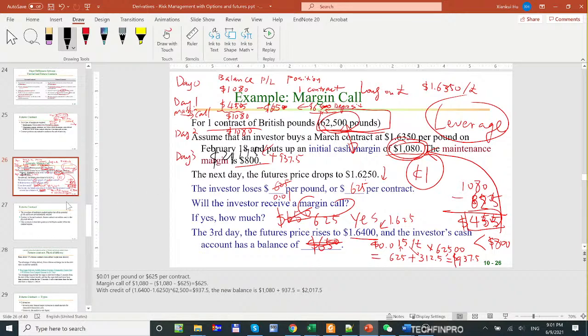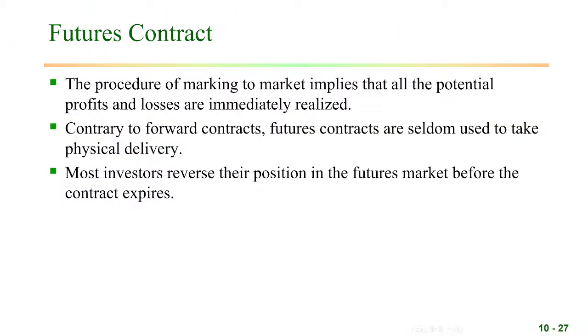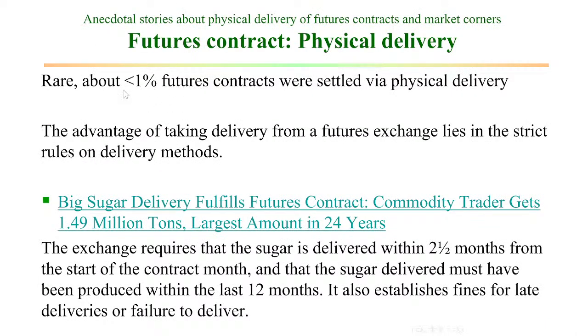So every day, the gains or losses will be reflected in your account. The mark to market implies that a potential loss or profit is immediately realized every day. And the futures contract rarely takes a physical delivery, but it does happen about 5% of the time, or maybe 1% of the time.